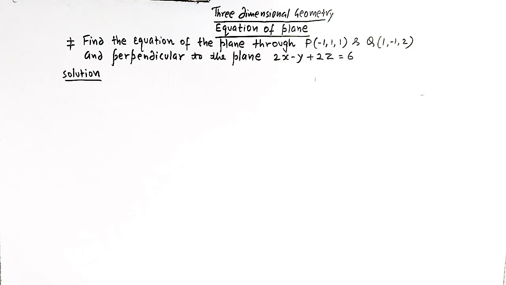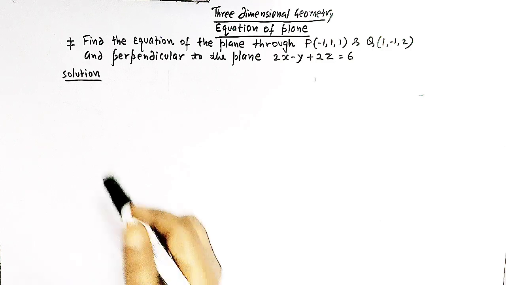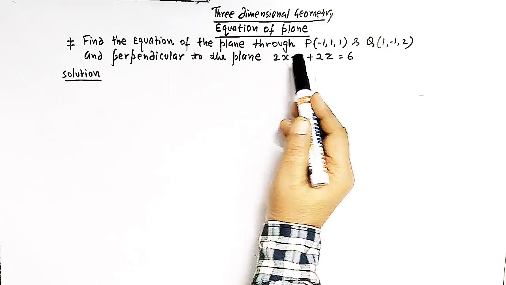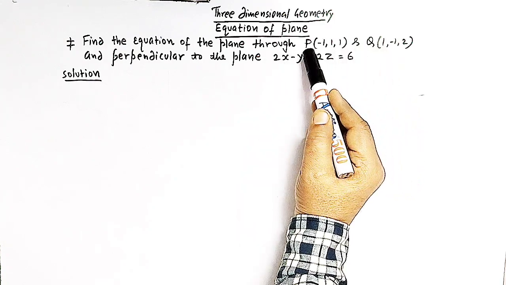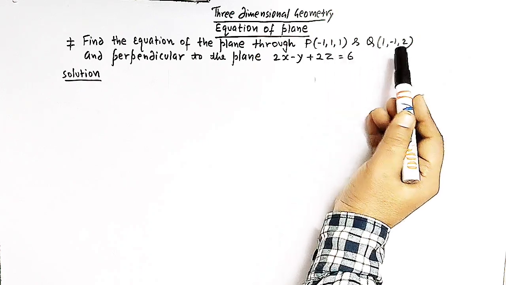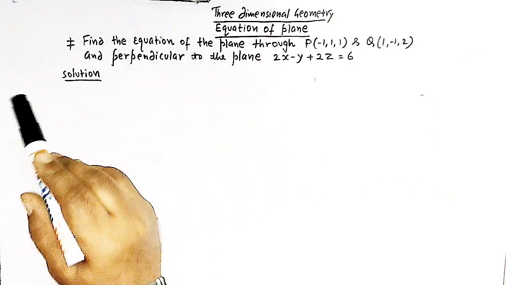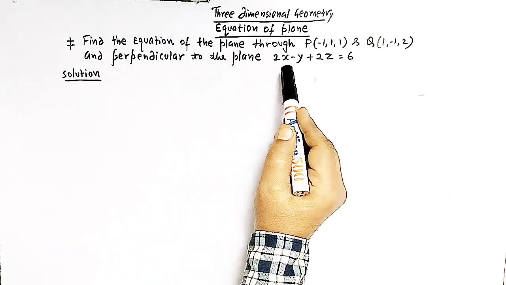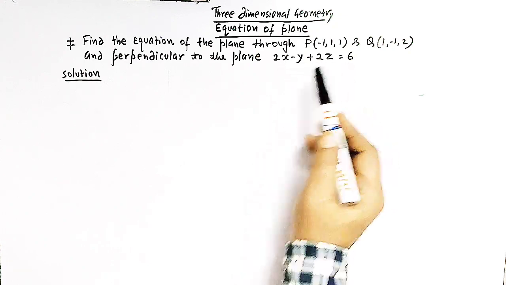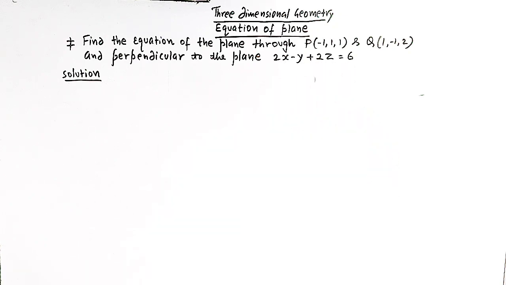Hello viewers, in today's session we are going to discuss a very important and conceptual problem from three-dimensional geometry, where we have to find the equation of the plane which passes through these two given points, the point P minus 1 comma 1 comma 1, and the point Q 1 comma minus 1 comma 2, and the plane is perpendicular to this given plane, whose equation is 2x minus y plus 2z is equal to 6, right?